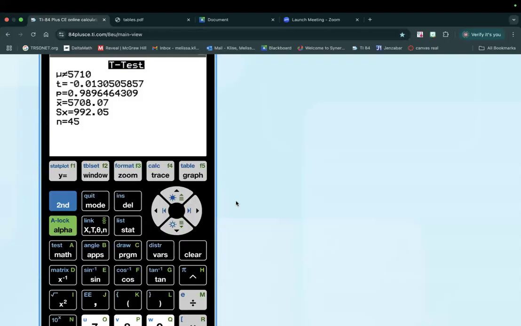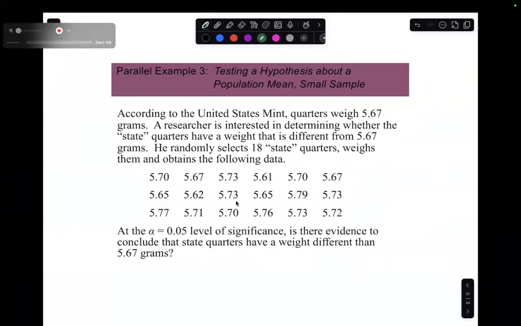All right. Right here, we have a sample of United States Mint's quarters. We say that according to the United States Mint, the quarters weigh 5.67 grams. A researcher is interested in determining whether the state quarters have a weight that's different from the 5.67 grams.